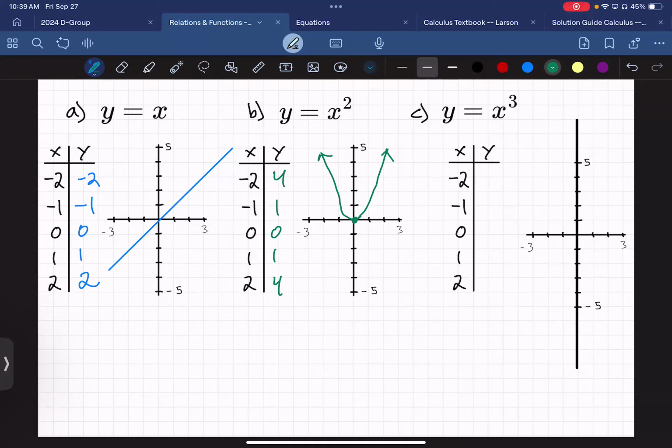We didn't get a negative back because whenever you square something, the result's always going to be positive. A negative times a negative is a positive, right? If you remember, this is also an example of that symmetry. So this would be considered an even function because it's symmetrical to the y-axis. Okay. Do we feel comfortable getting those points and getting the graph?